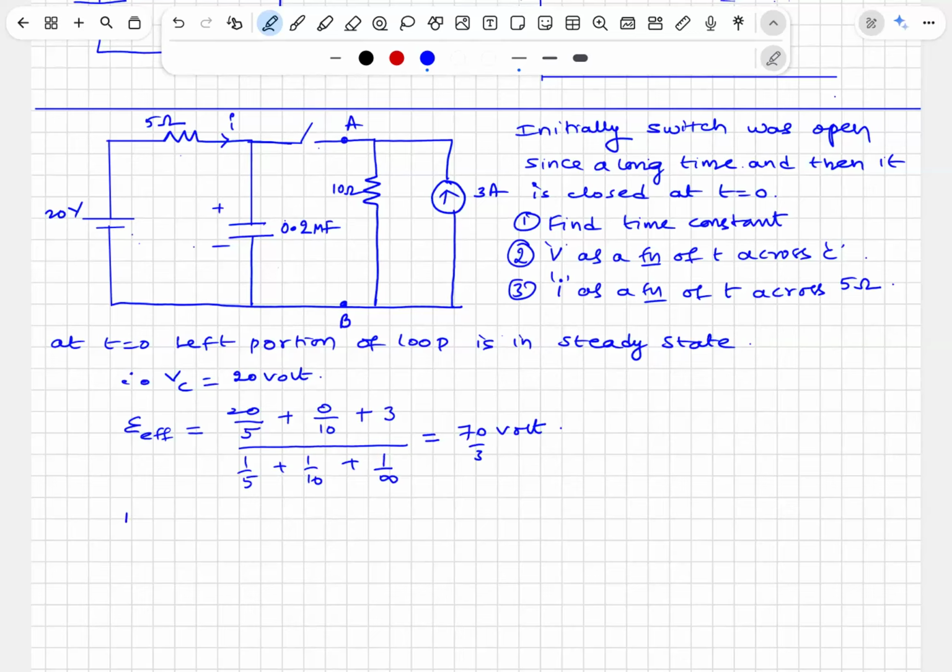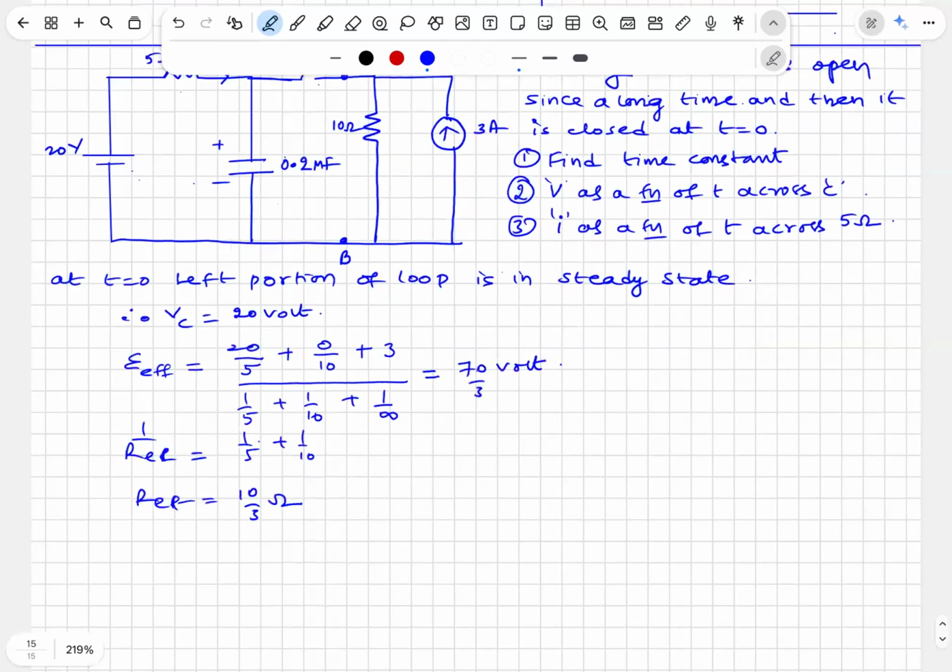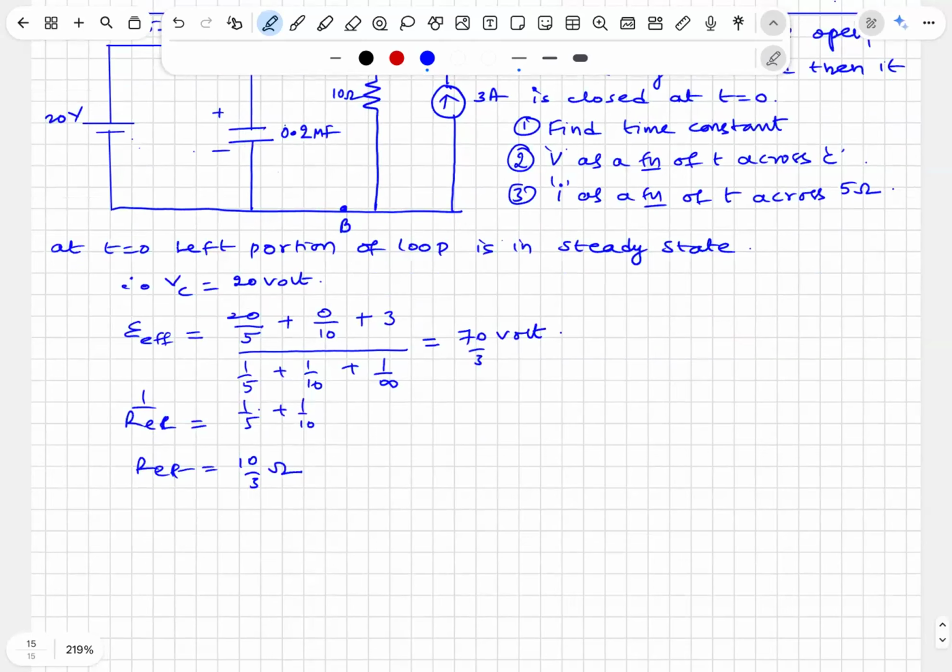So what is R effective? Already written there. 1 by R effective is 1 by 5 plus 1 by 10. So R effective is 10 by 3 ohm. So what is tau?